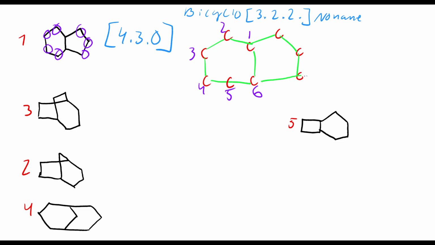So that's 7, 8, and 9. Yes, this is nonane, but then we have to go into our bracket. In our bracket, we're going to start counting these carbons that you see here. Anything that is not a bridgehead carbon, we're going to count.